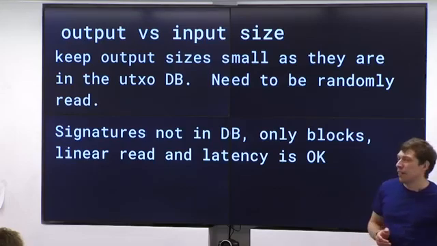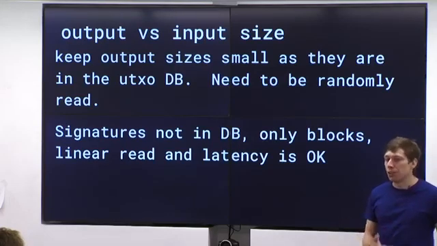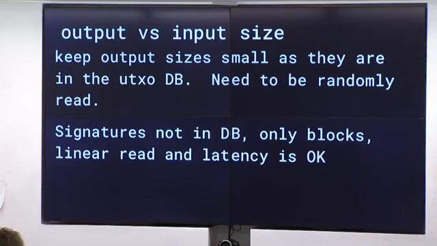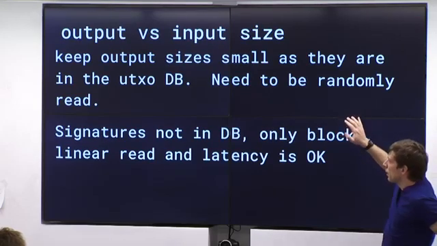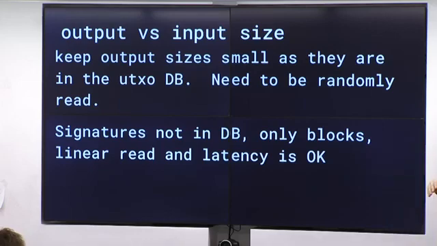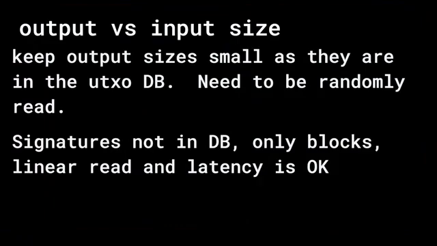And you only have to read them when other people are doing IBD, initial block download, and you're serving them to them. So you can prune these if you run Bitcoin Core with pruning. Anyway, the main idea is, even if it overall increases the size of transactions, it does reduce the size of the outputs, which is the thing we really want to minimize for keeping the speed up. Okay, questions about that? Cool.